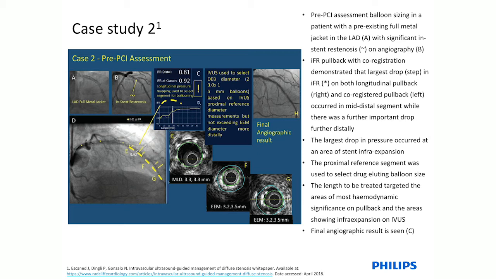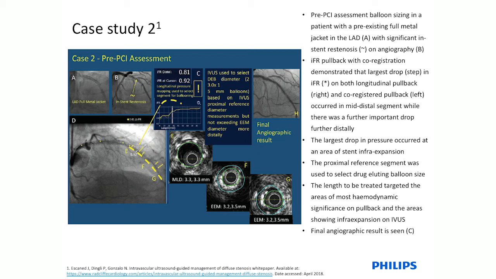Now, in the pre-PCI assessment, we are looking at this area of stenting in this particular vessel. And as we will discuss later, in-stent stenosis is a subset of long stenosis that deserves particular attention, because you really have to understand the characteristics of the previous PCI in terms of whether the stent was fully expanded or not.